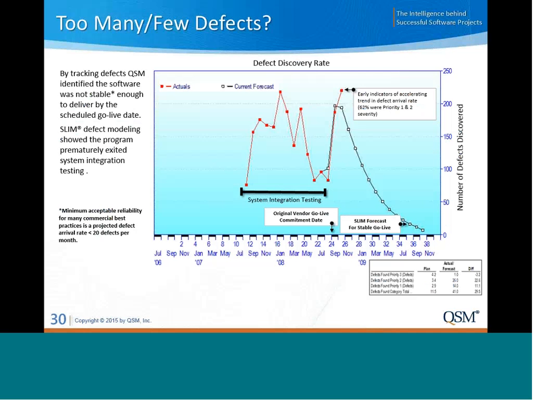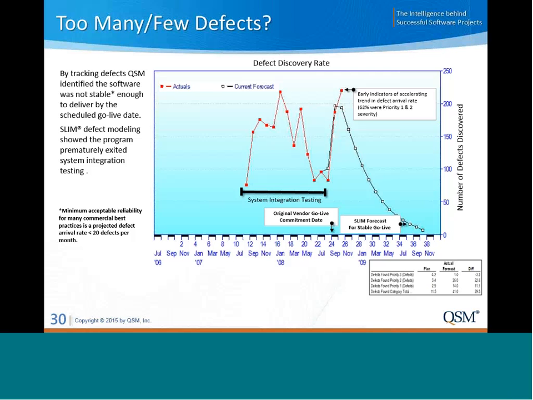And so we used defect metrics to forecast the likely delivery date. We found from our research of hundreds of projects that defects typically follow a Rayleigh curve, and that there's a gradual reduction of defects discovered as the software becomes more stable.